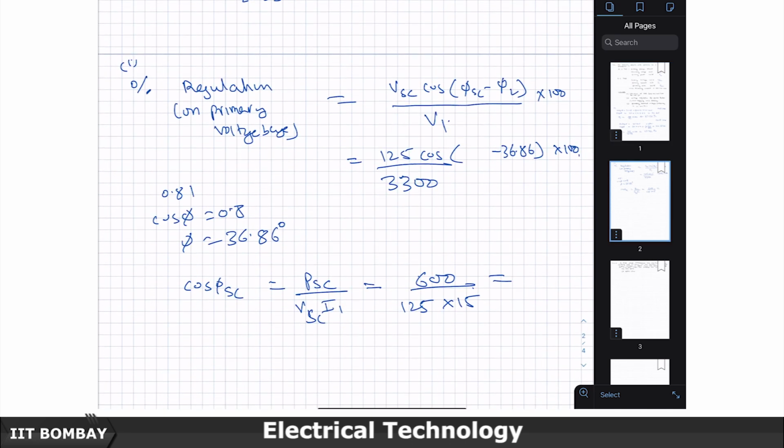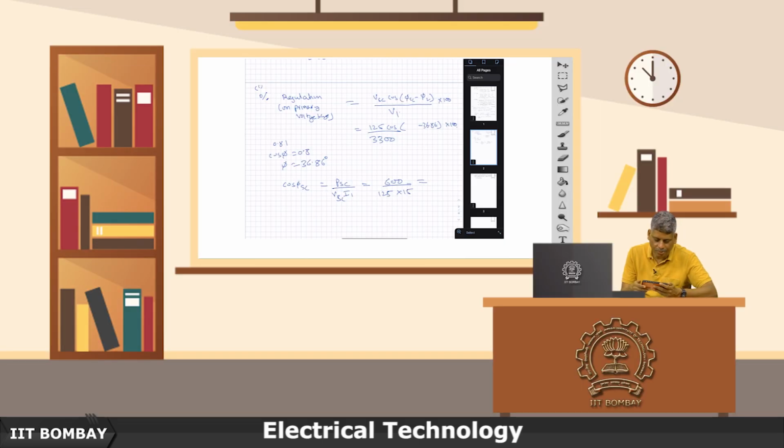Let us calculate the phi_sc. 600 divided by 125 divided by 15 gives 0.32, and the cos inverse of 0.32, phi_sc, is 71.33 degrees.